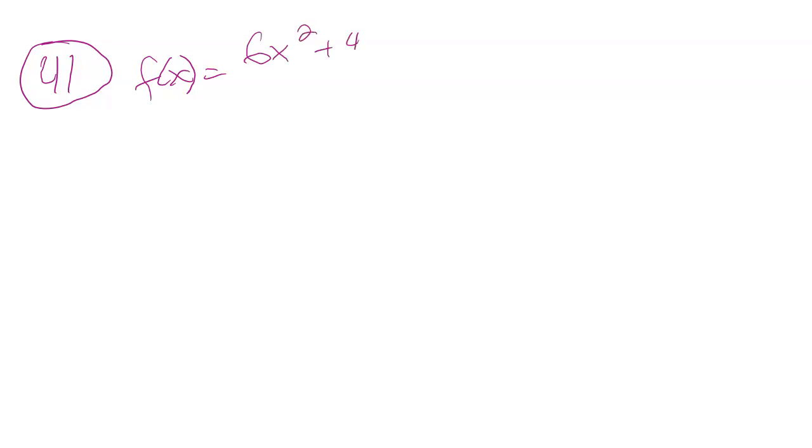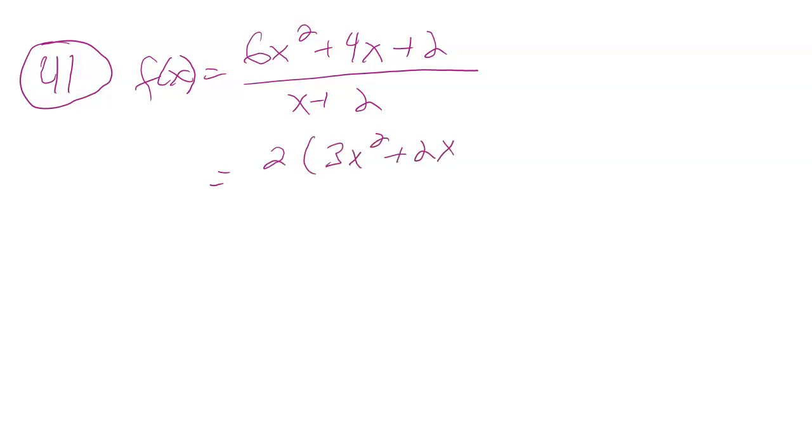All right, 41. I think yesterday's homework was a lot harder. Let's see, 6x squared plus 4x plus 2 over x plus 2. I can factor out 2 from the top, and I get 3x squared plus 2x plus 1 if I did that correctly. I don't know if that factors.